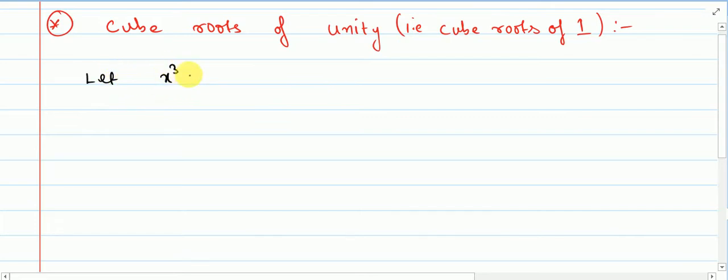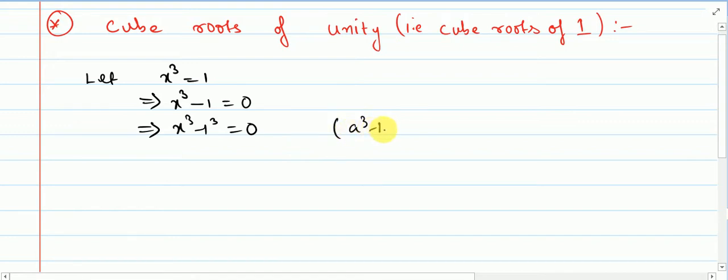Let x cube equal to 1, then this implies that x cube minus 1 is equal to 0, which implies x cube minus 1 cube equal to 0. Now you can see this is in the form a cube minus b cube equal to 0 type.